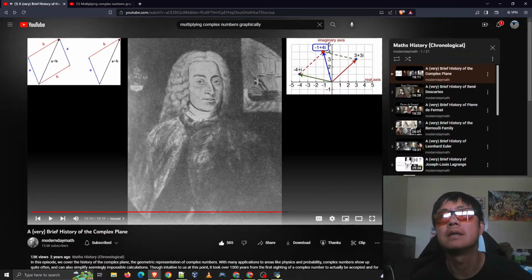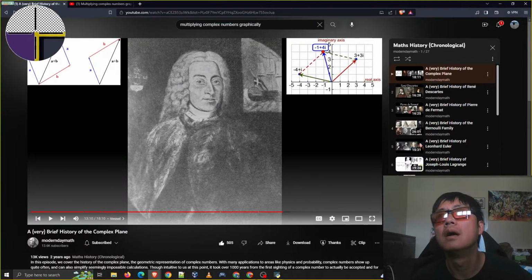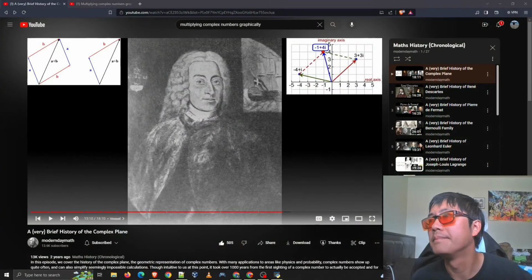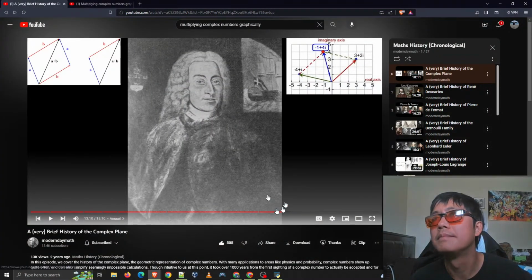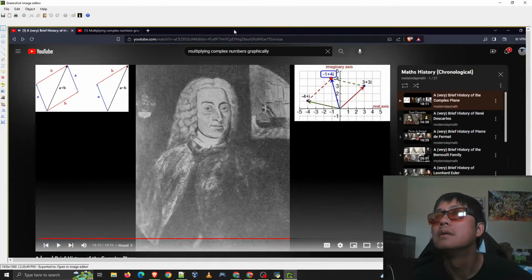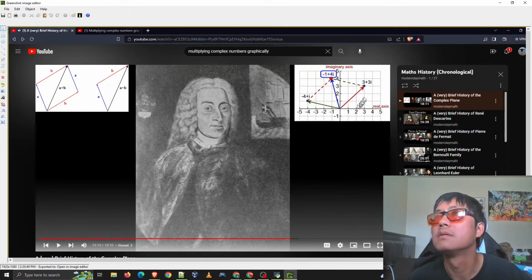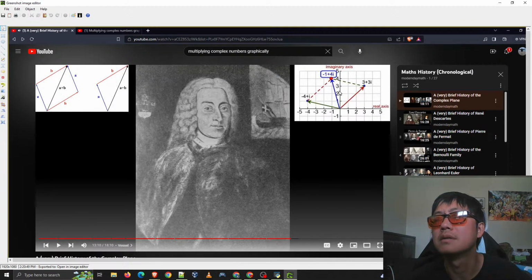So this thing here, multiply this by this, it means you rotate this by that, and then you scale it up by the absolute value.